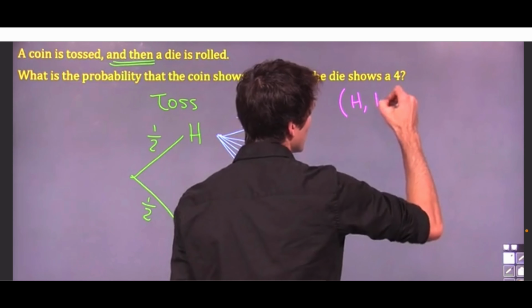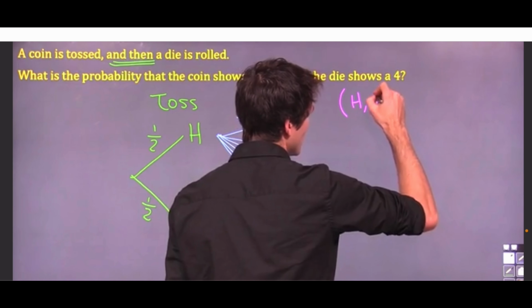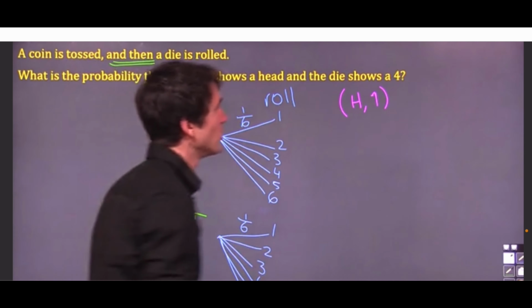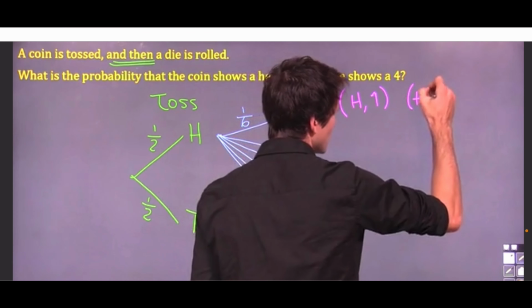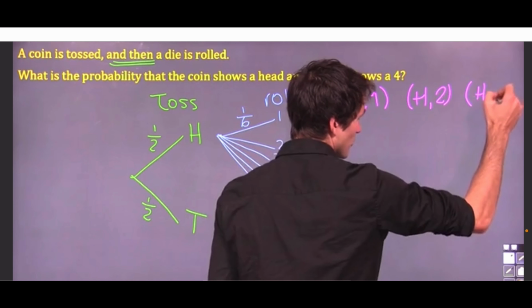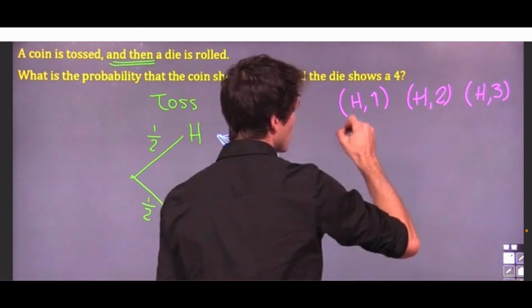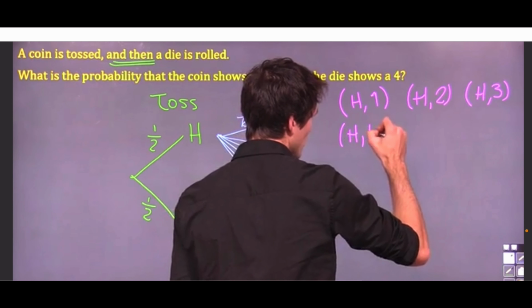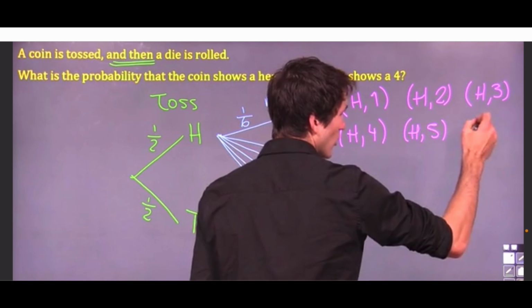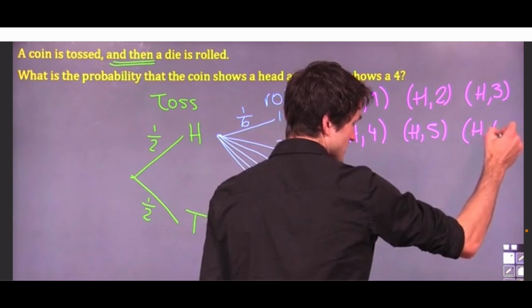So we flip a coin, get heads, and then roll a 1. Or heads and rolled a 2, heads and a 3, heads and a 4, heads and a 5, or first flipped a heads and then rolled a 6.